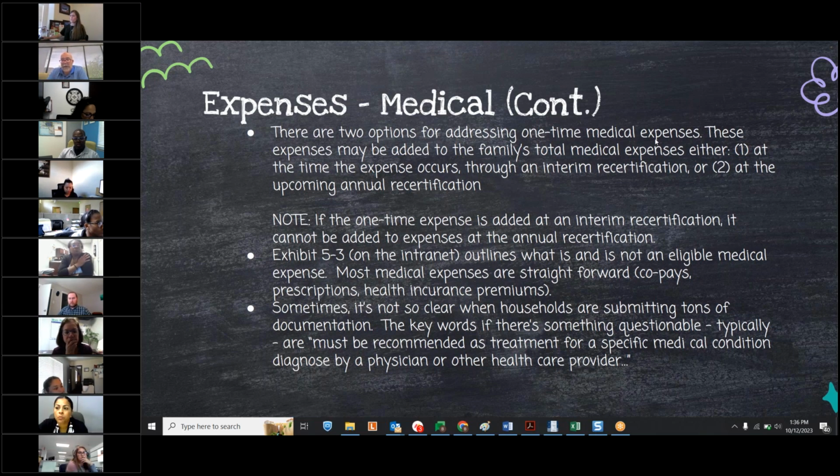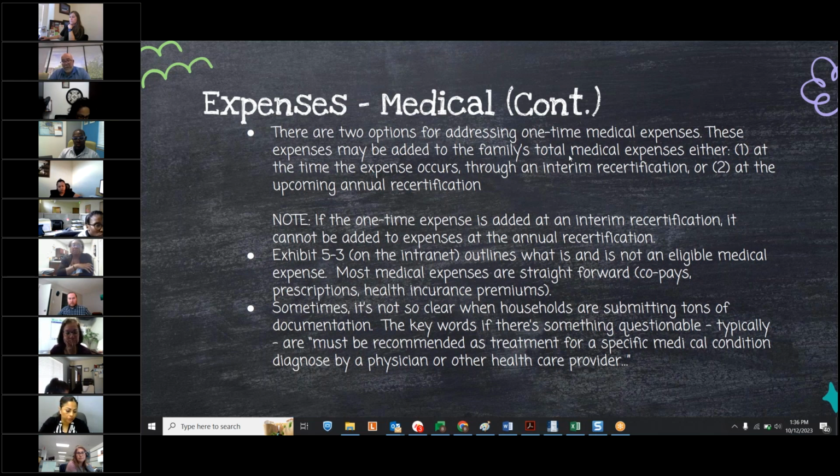So for one-time medical expenses, we actually have a household that we're dealing with legal aid with this right now. The household has 2 options. If it's a past one-time expense, we can add it as an interim, but we can only add it until their next AR, at which point we have to take it off. Or the household can hold it and we can put it on the next AR, which is going to be good for 12 months.